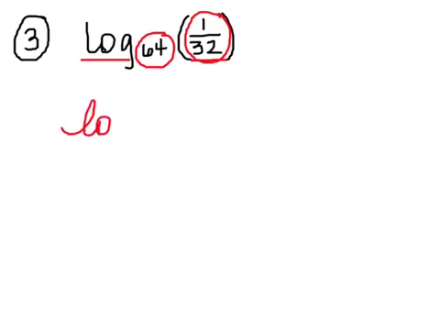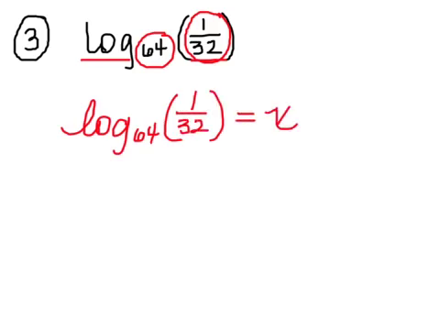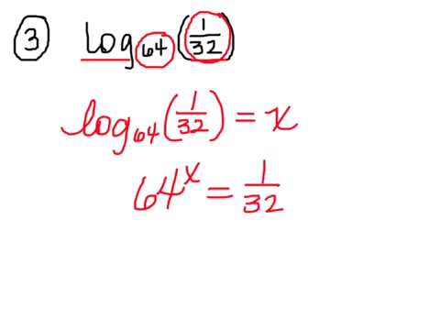So I like to set my log that I'm trying to find and say log base 64 of 1/32 is what, and let the what be x, just so that I can then see how to rewrite it: 64 to the x would give me 1/32. And that's just rearranging from log form to exponential form.